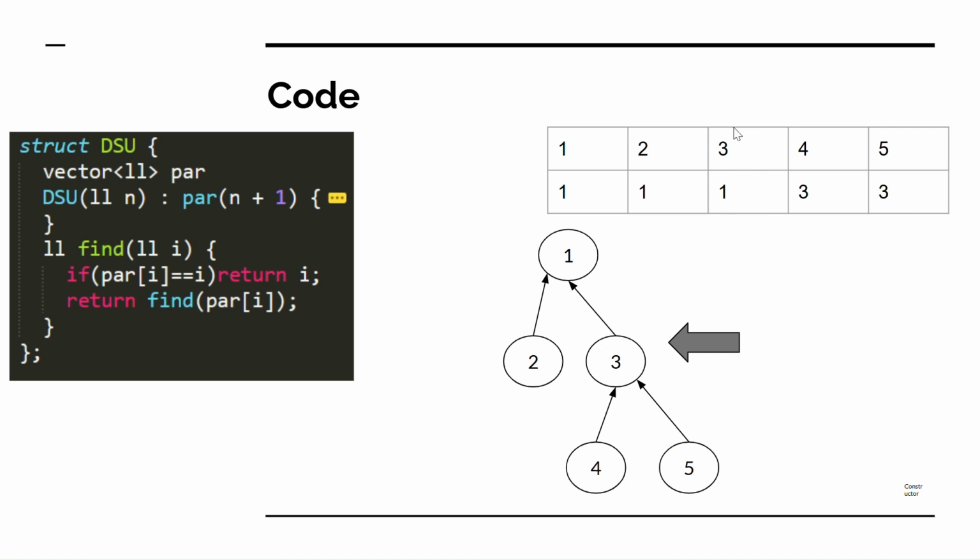Now for 3, as this is not the parent of itself, we find the root node of its parent, that is 1. Now as 1 is the parent of itself, this is definitely the root node. So we return this 1 to 3, and from 3 we return it to 5, and for 5 the root node is definitely 1.